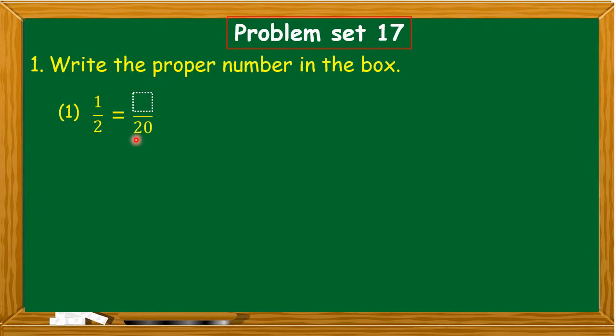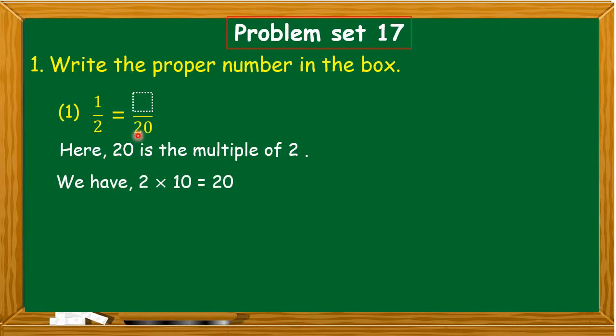Here 20 is the multiple of 2. So we have to find a number which when multiplied by 2 gives 20. Yes, we have 2 into 10 is equal to 20.